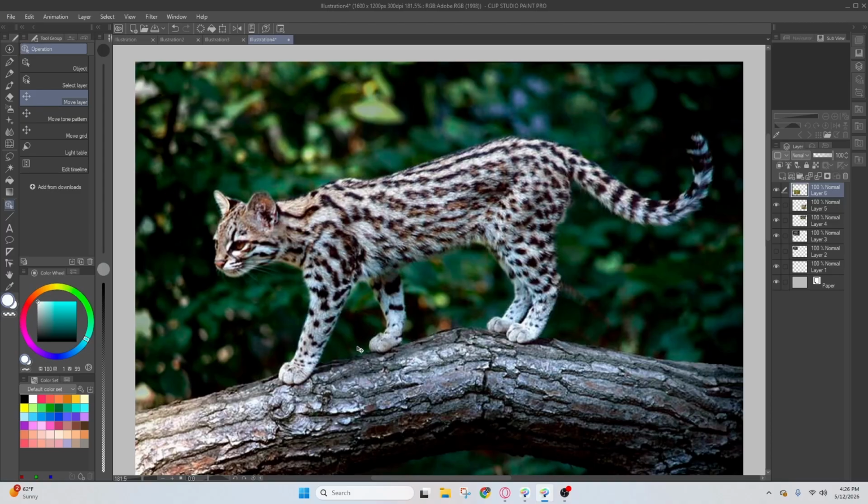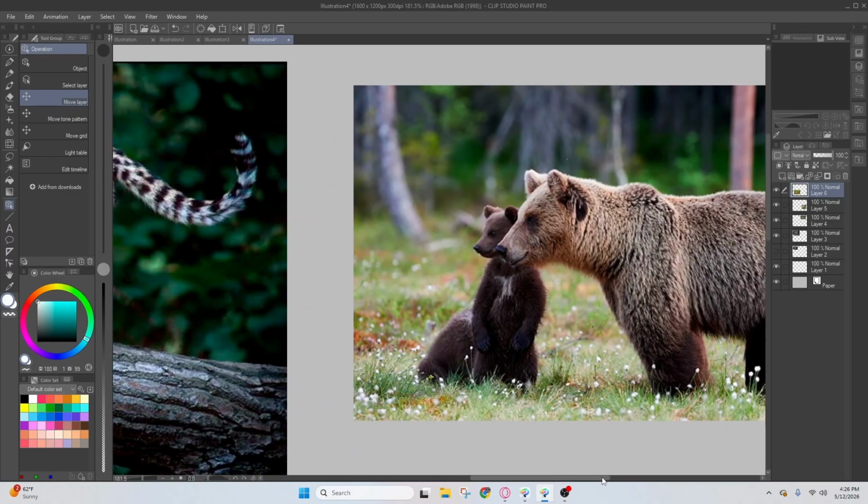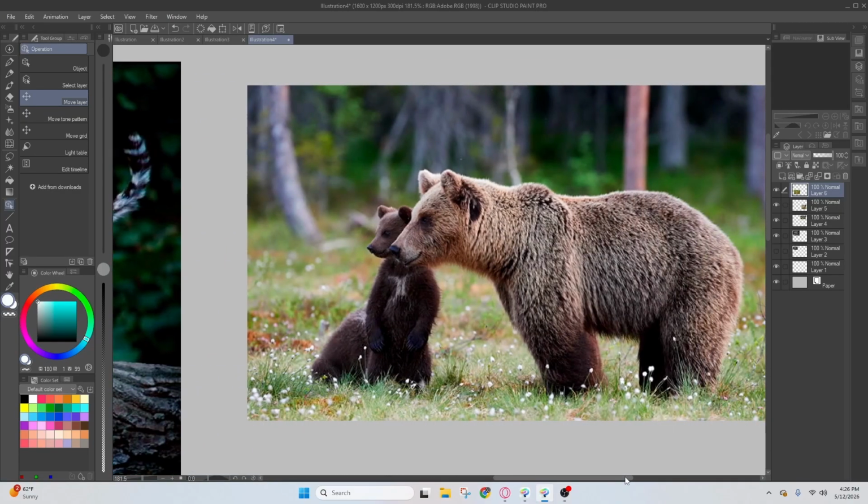That means we are more prone to easily detecting when things are wrong, depending on the position of the ears, or the eyes, the nose, things like that, right? If you don't get them right, it's very easy for an average person to notice this. So you want to be very careful, especially the more common the animal is, the more careful you need to be.